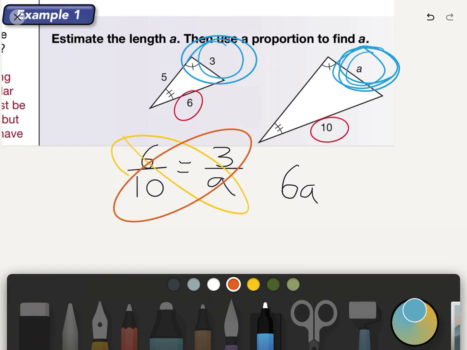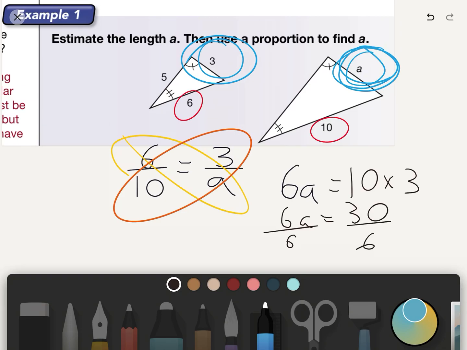So 6a is equal to 10 times 3, or 6a is equal to 30, and divide each side by 6, getting us a equals 5. But you already knew that because they're just half the length.